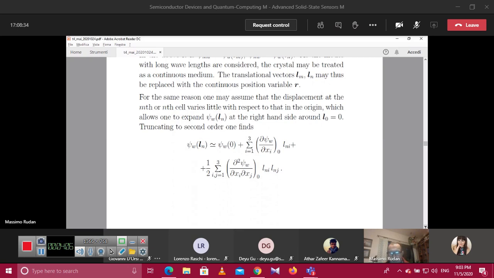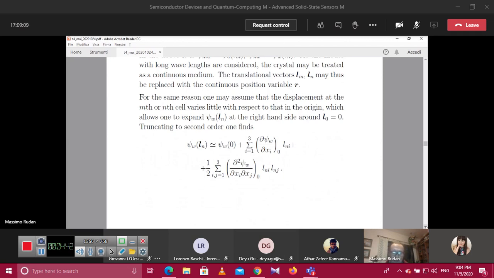And we anticipated that before, saying that the displacement of all atoms belonging to the same cell are equal. The displacement of the atoms of one cell with respect to the atoms of another cell are not equal, of course, otherwise the total lattice would shift rigidly, okay? So they cannot be exactly equal, but they are similar.